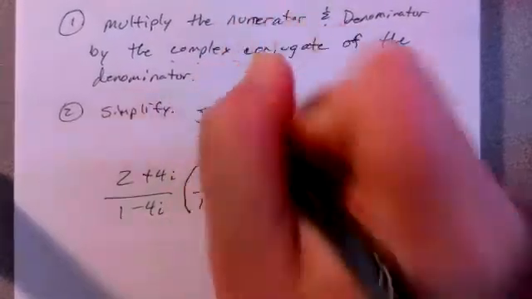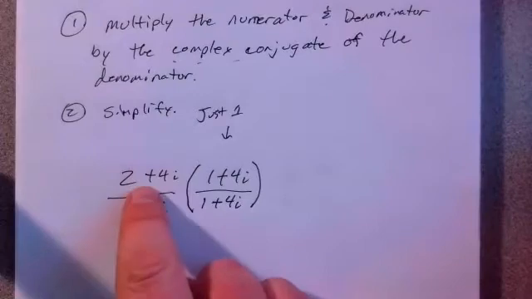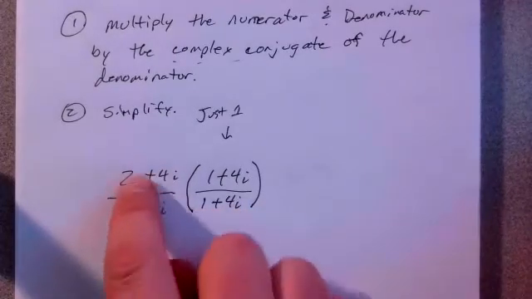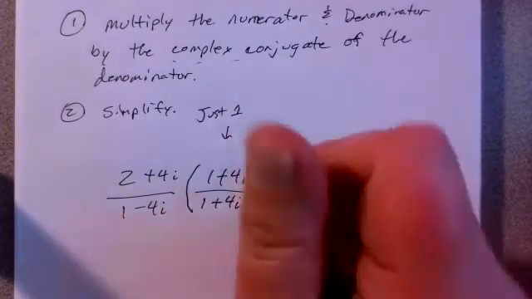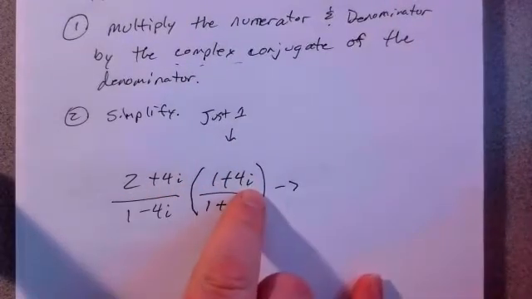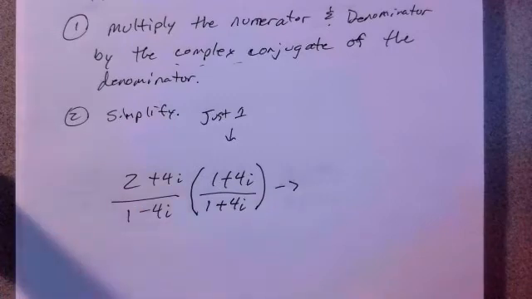This is just 1. If I multiply a number by 1, I'm not changing the value, I'm just changing the way it looks. So I'm going to multiply across the top, multiply across the bottom, and then I'm going to simplify.